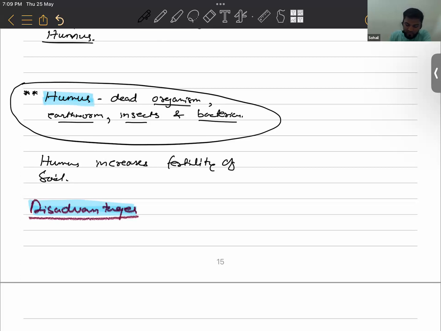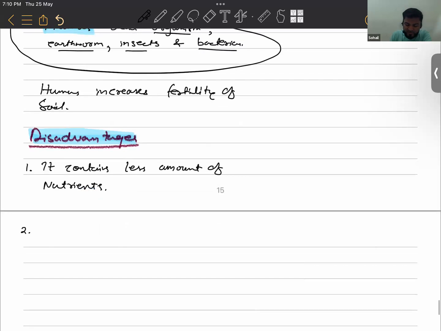Let me tell you. The first disadvantage is that it contains a lesser amount of nutrients. Okay, that is the first disadvantage.